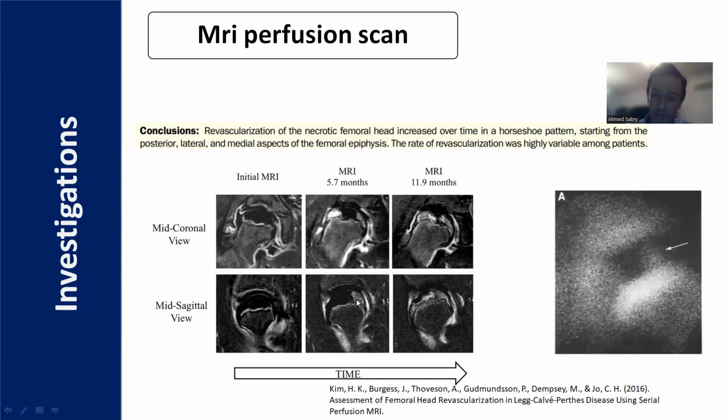Also, in the sagittal, the posterior part started to revascularize first, and then later on, the last part to revascularize was the anterior part. So they described that revascularization was in a horseshoe pattern. It starts in the posterior parts of the femoral head, and then later the lateral and medial aspects, and finally the anterior aspects. This was also confirmed by bone scintigraphy.